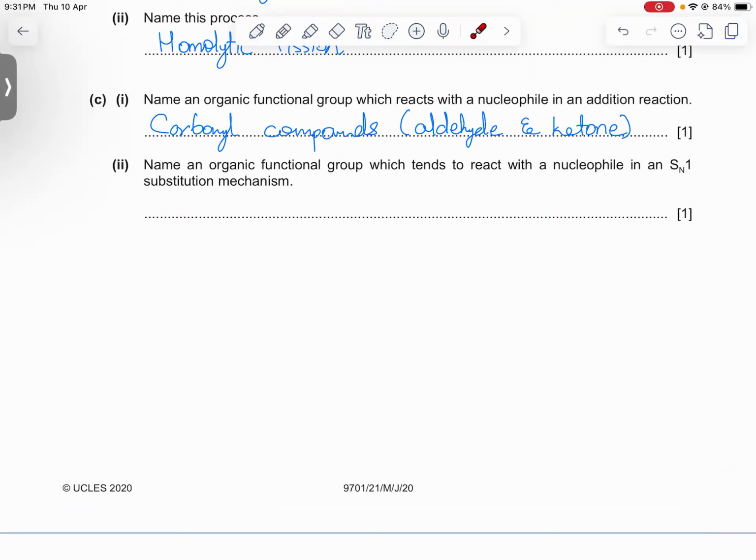SN1 and SN2 mechanisms. SN2 mechanism was followed by primary halogenoalkanes, and SN1 mechanism was followed by tertiary halogenoalkanes. This is something you have to remember: the SN1 mechanism is followed by tertiary halogenoalkanes, full stop. Okay.